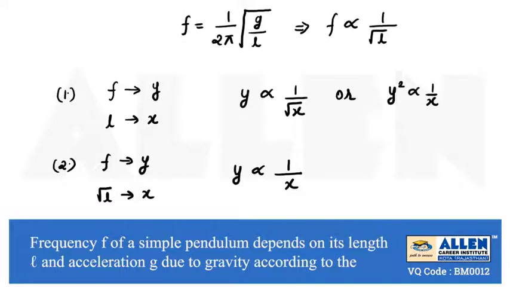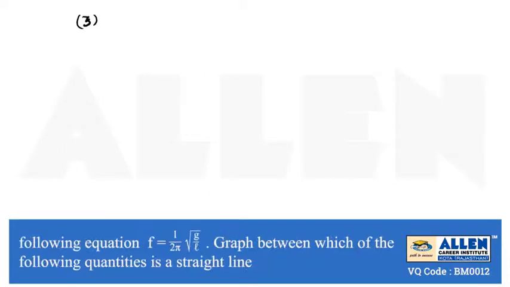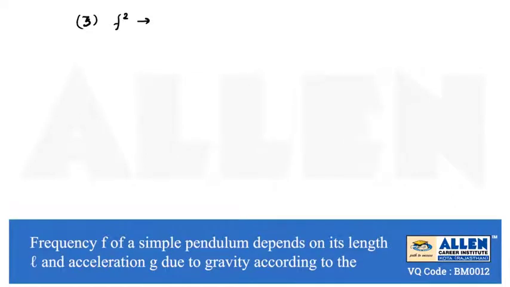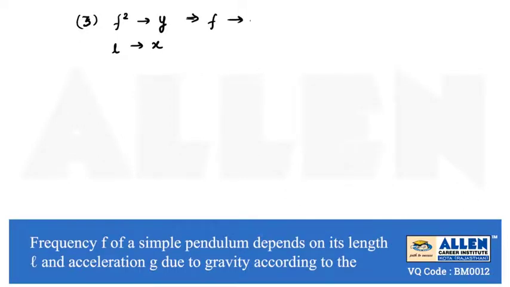We will go to the third option, that is f square on the ordinate and L on the abscissa, meaning f square on the y axis and L on the x axis. F square on the y axis means f can be written as root y.